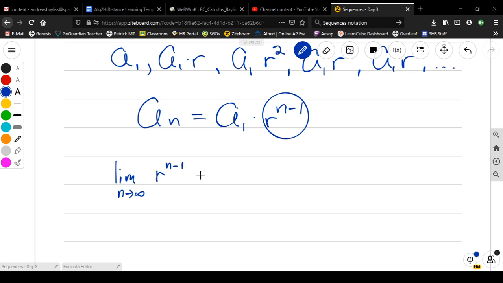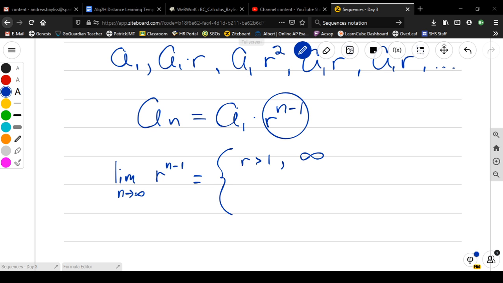We're going to have 3 cases for what can happen to the limit, based upon that common ratio. Basically, if your common ratio is greater than 1, this is going to shoot out to infinity, or we could say it's going to diverge, right?